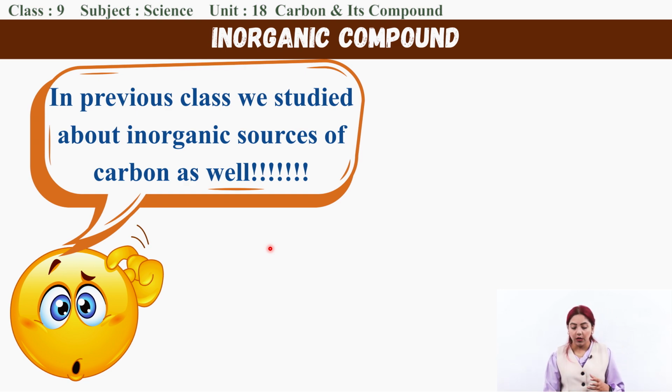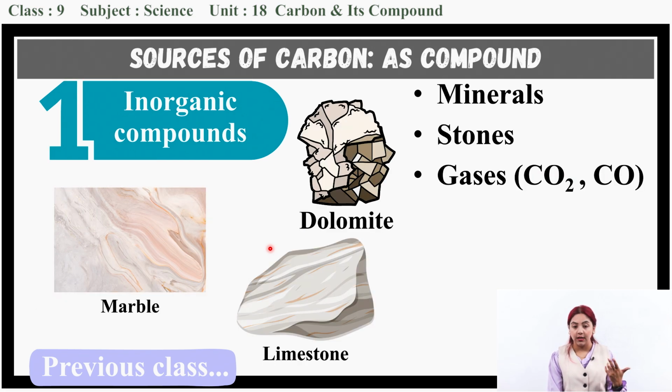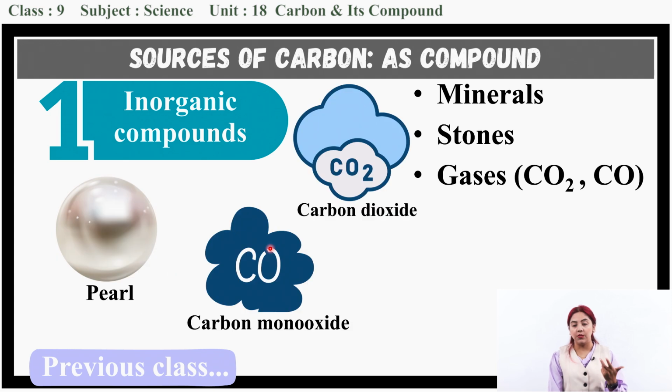So these were the inorganic sources of carbon we studied in the previous class: bicarbonates, carbonates, carbides, minerals such as marble, limestone, dolomite, gemstones such as pearl, and gases such as carbon monoxide and carbon dioxide.